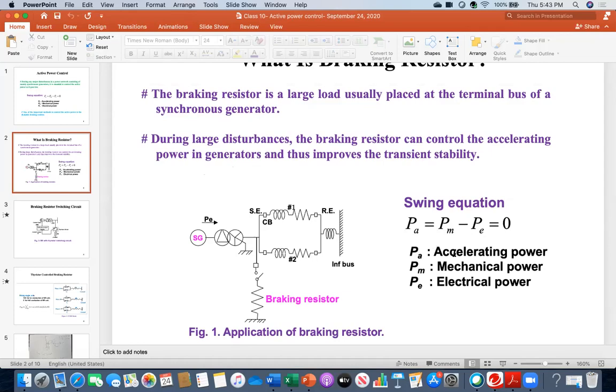The Pa is the accelerating power. Acceleration means that generator speed goes very high. It gets accelerated, so now we have to brake. That's why it is called the braking resistor, because it is braking. It brings down the speed and hence the frequency and ultimately improves the transient stability. So you see, a very simple method.